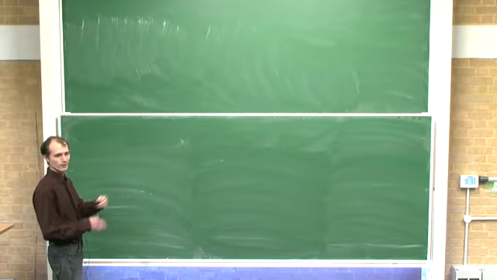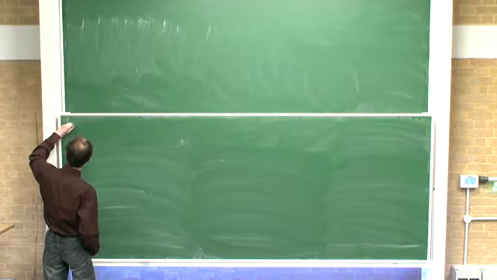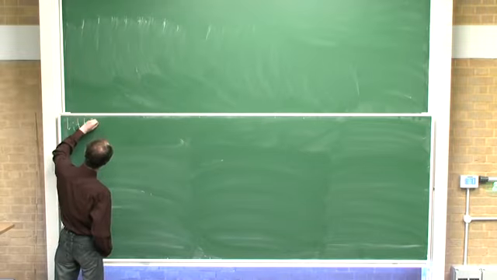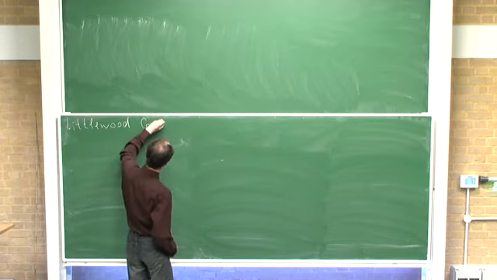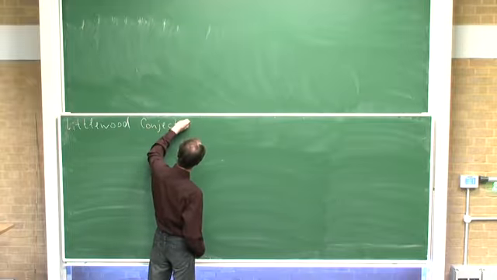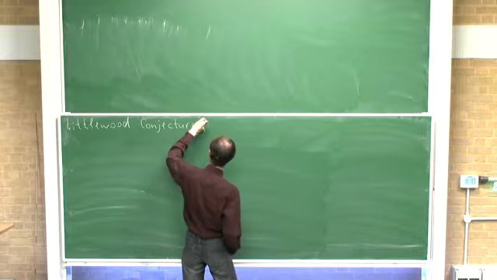So we know where the final problem comes from. The Littlewood conjecture was posed, I think, in 1931 by Littlewood.